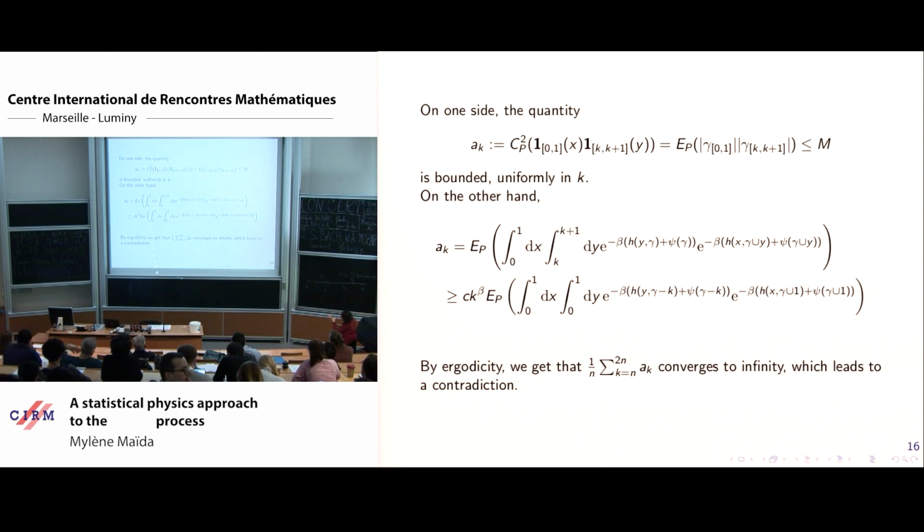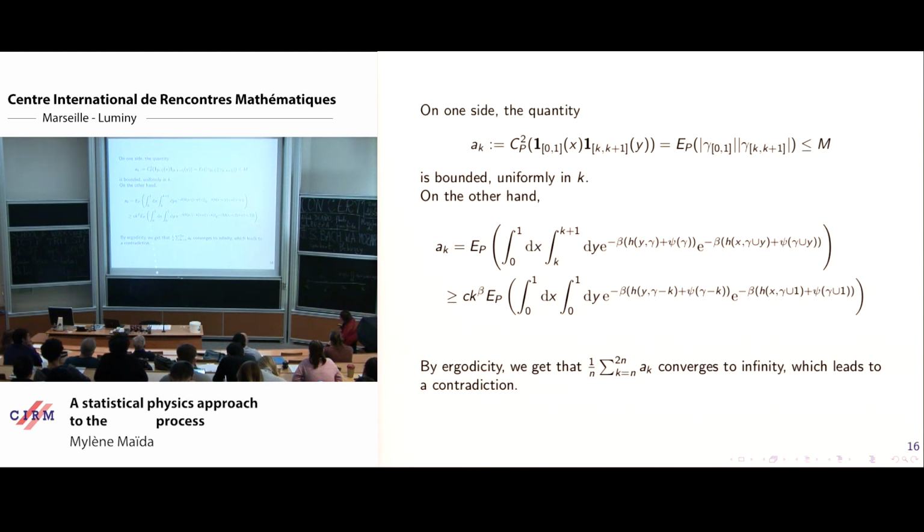So you will shift the interval [k, k+1] into [0, 1]. And so here, gamma minus k is the shifted configuration. And okay, this will be at some cost.